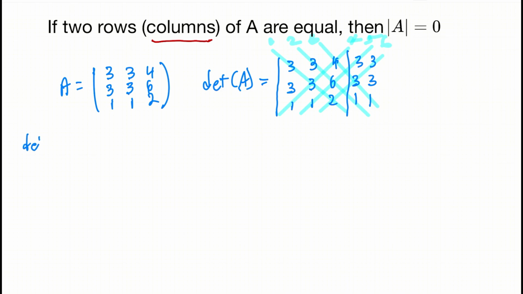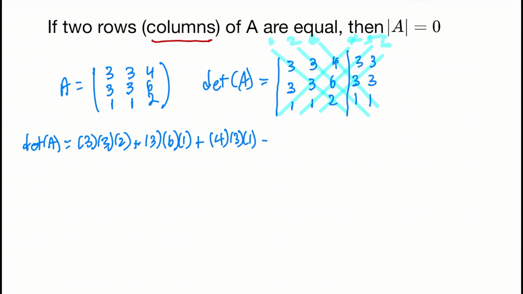So the determinant of A, looking down the first diagonal, that's 3, 3, 2, plus 3, 6, 1, plus 4, 3, 1.